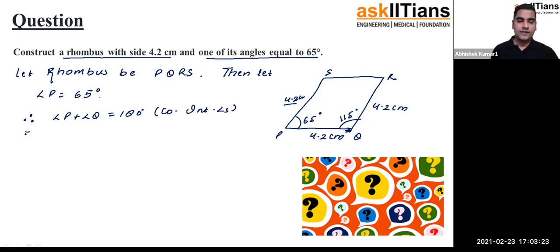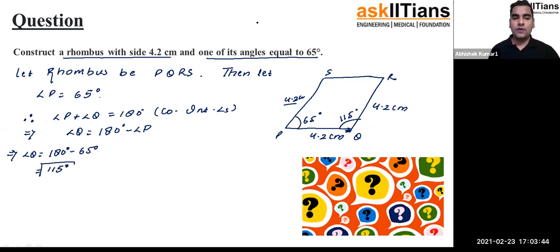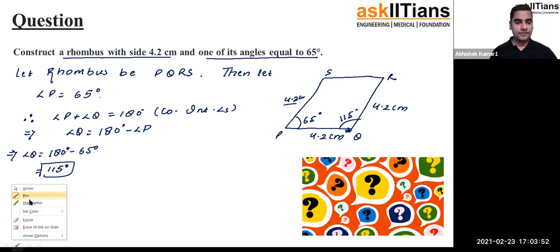So angle Q will be equal to 180 degrees minus angle P, that is 180 minus 65. That means the value of angle Q is 115 degrees. It is important for us to calculate because without this, it will be difficult to draw. So we know any two angles and we also know all four sides, so it's very easy to draw. Let's see how.